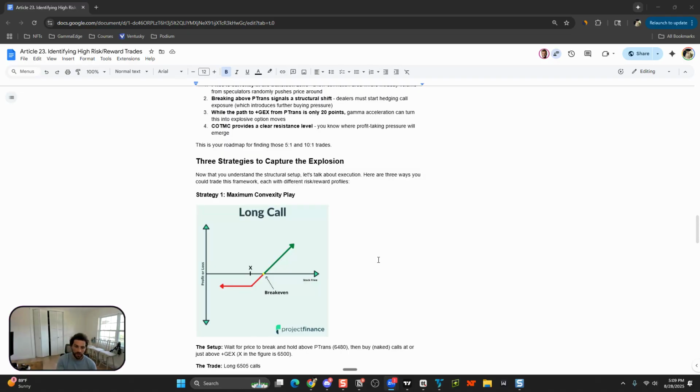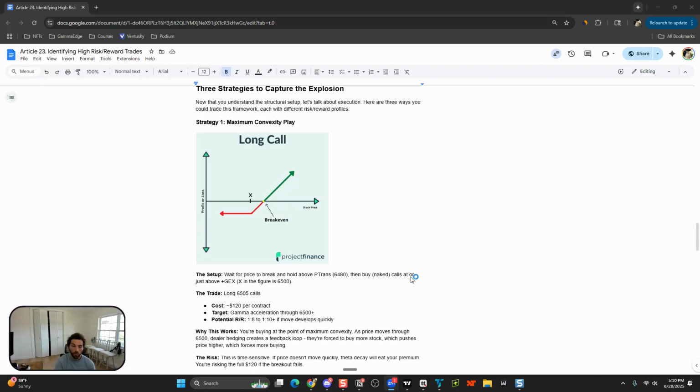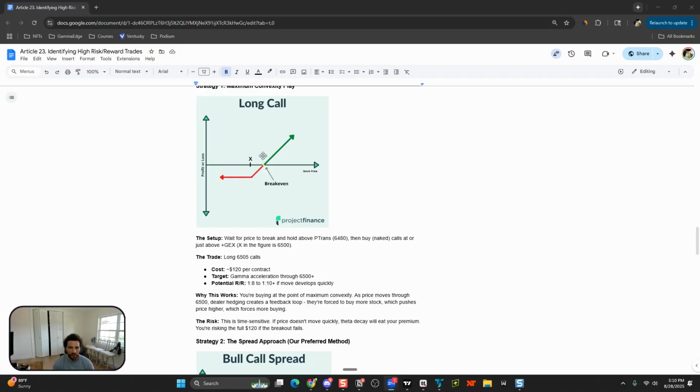And so speaking of options contracts, there's three specific ways that we can play that. One way is just an out of the money call. So, just taking the 6,500 call, which is plus GEX, which is significantly out of the money. That's max speculation there. So here's just a P&L diagram of that.